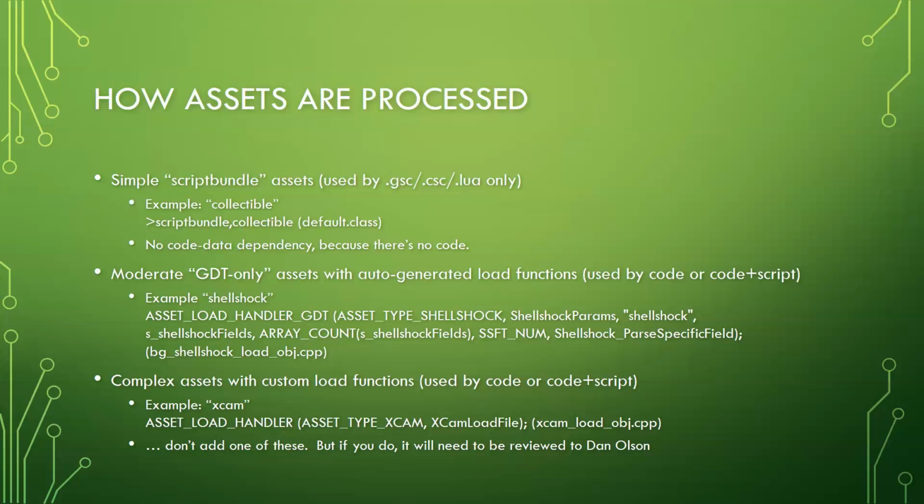So if you want to add a new script bundle asset type, are you guys familiar with code data dependencies? I can take a step back. I don't see a lot of nods, so I'm going to talk about it. When you check in a code change, if you have code files and script files like Lua, GSC, CSC in the same check-in, you're going to break a bunch of things, most likely.